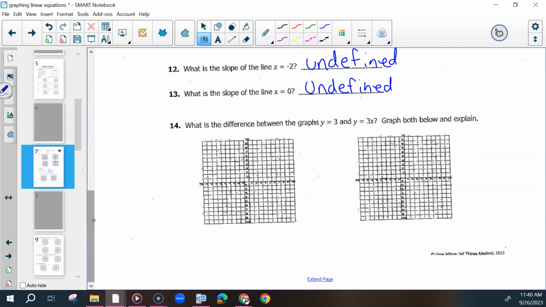Let's graph both of these, and then we're going to talk about the differences that you see and similarities. So on the left, I'm going to draw y equals 3. On the right, I'm going to draw y equals 3x. So go ahead and do that for both. To the best of your ability, do the slope on this one.